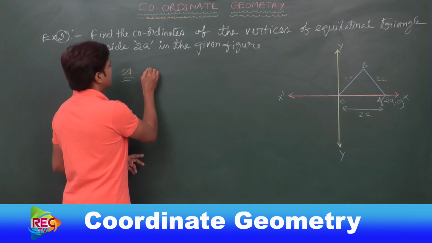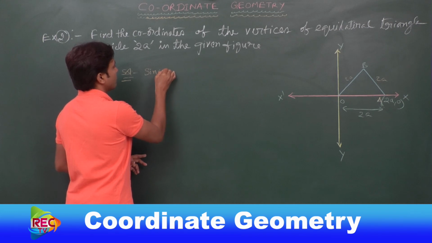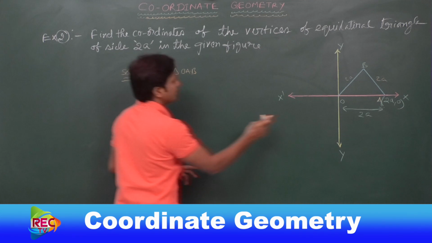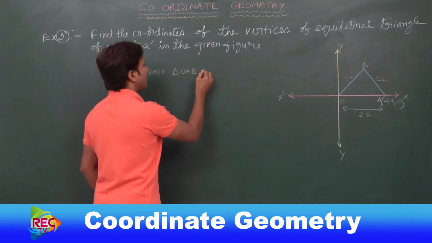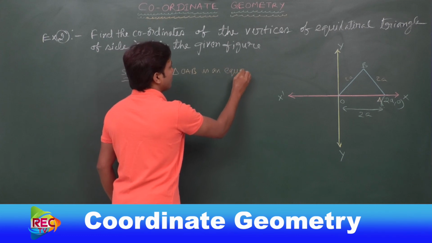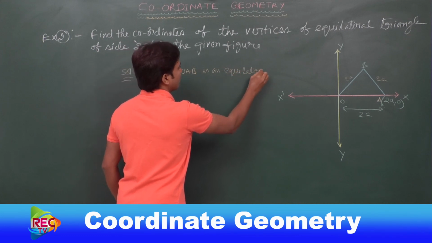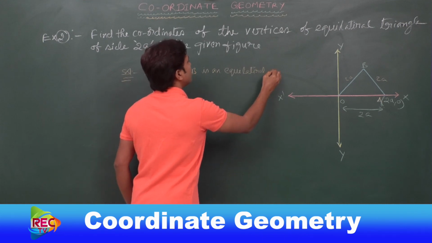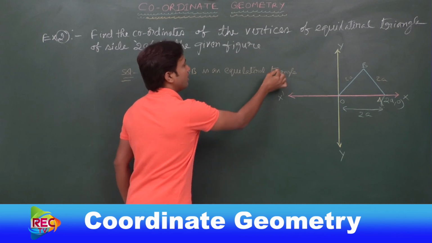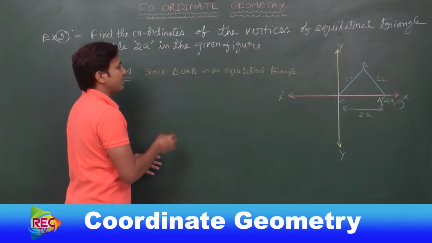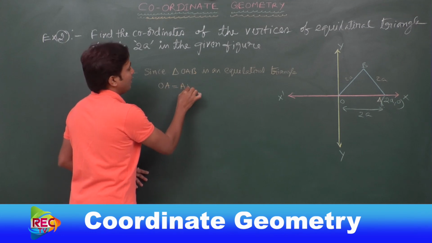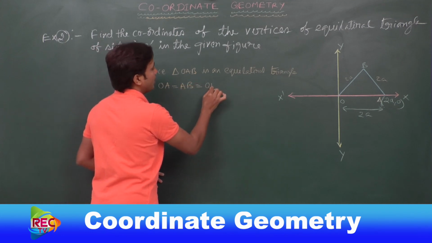Since triangle OAB is an equilateral triangle, all the sides are equal, so OA equals AB equals OB.